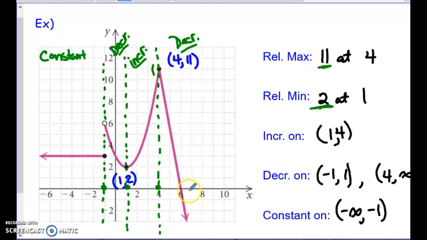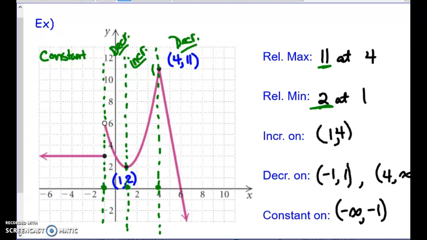The reason I do that is because this arrow tells me this graph goes on and on. It's not only going down, it's also going forward. So from 4, as far as I want to go forward, this graph will decrease. Constant, again, I've got a negative infinity in here because I've got an arrow pointing this way. It's going to go on forever that direction. So it's constant from negative infinity until we get to -1, and then it changes.